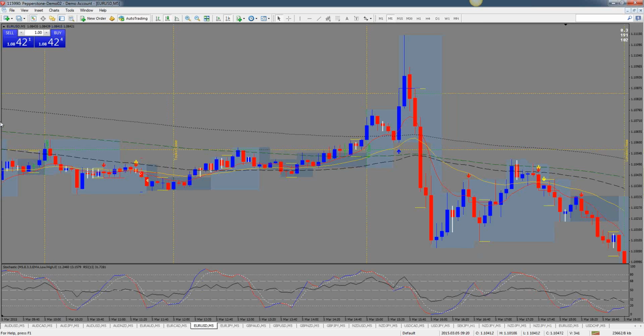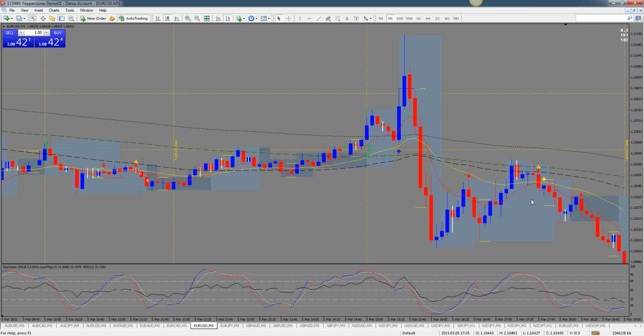So that is the 5th. On this pair we only had 2 valid trades from London open to London close, signal trades and inside bar trades, and that was on Thursday.